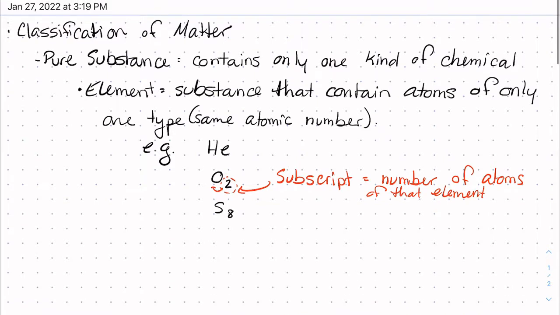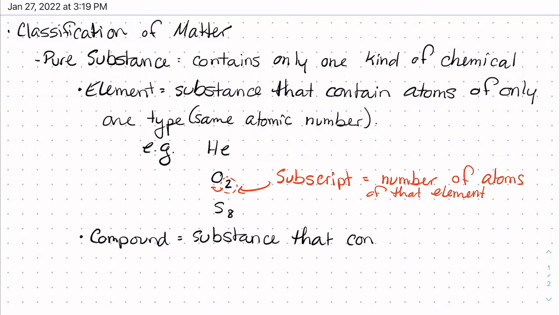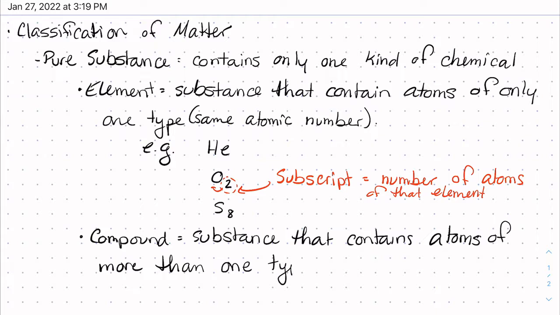So the other type of pure substance that we want to recognize is the compound, which is a substance that contains atoms of more than one type, or more than one different element. So some examples of compounds that are maybe familiar.